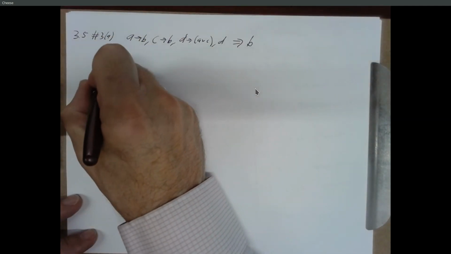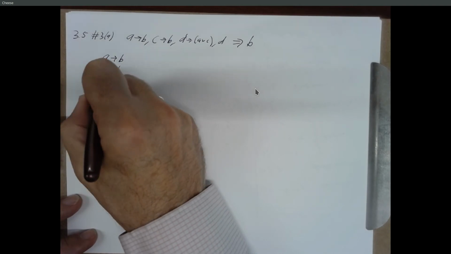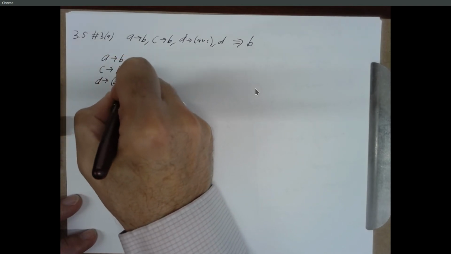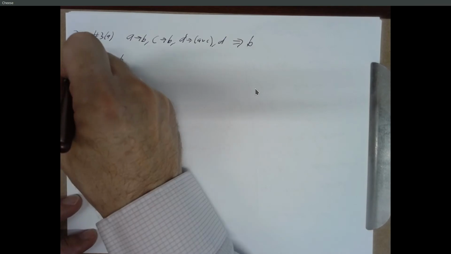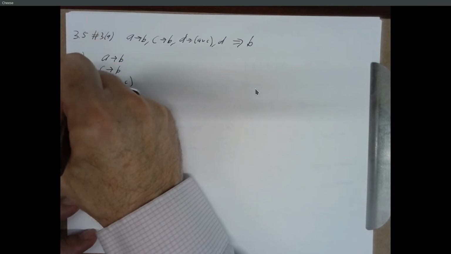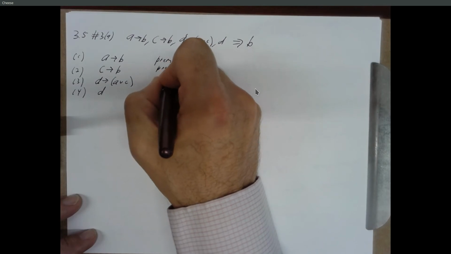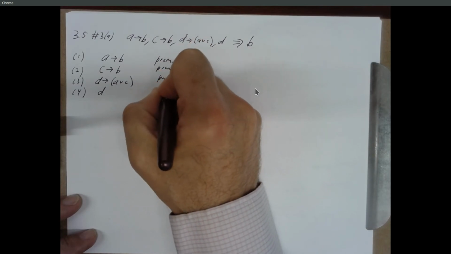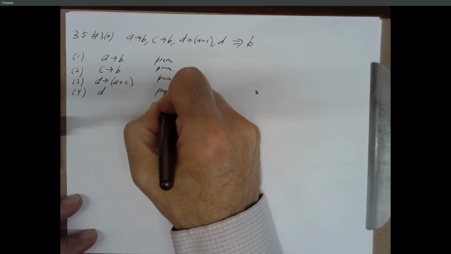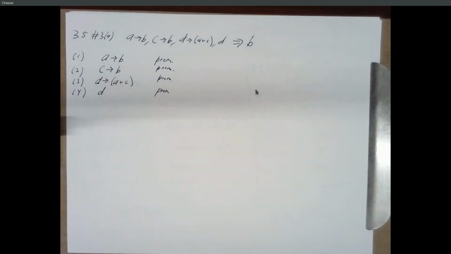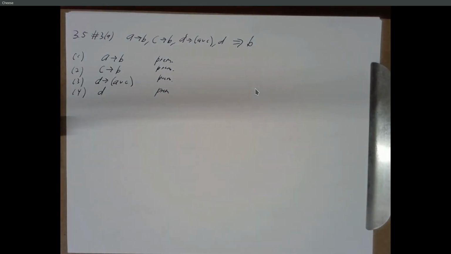A implies B, C implies B, D implies A or C, D. And sometimes you might not write down your premise until you actually need it, but I like having them right here where I can see them, so I'm just putting them down at the top.